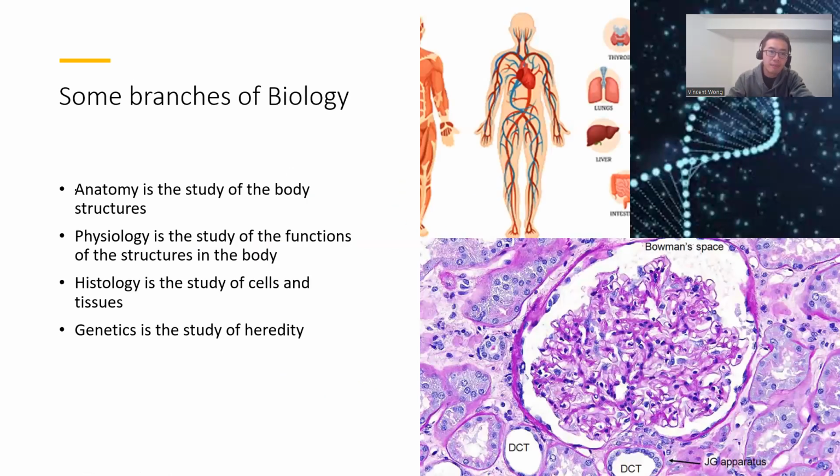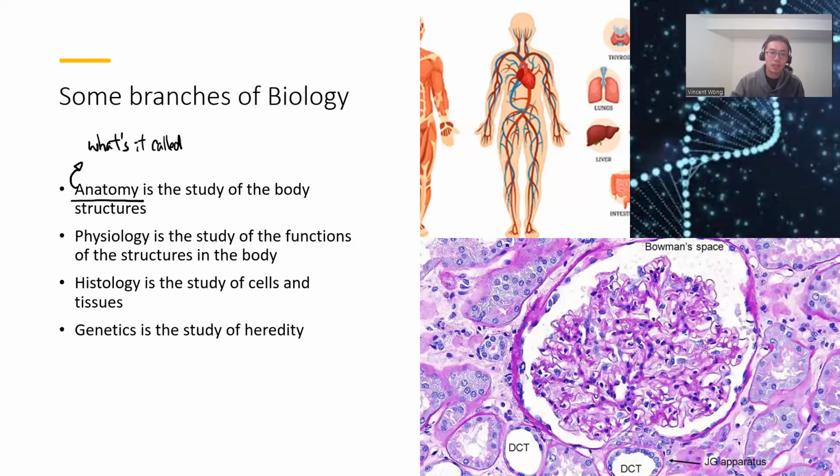We have things like anatomy. Anatomy is what it's called. Like this is called the heart. This is called the liver. That's called the kidney. And then inside the heart, there are different parts. So anatomy, that's a branch of biology.